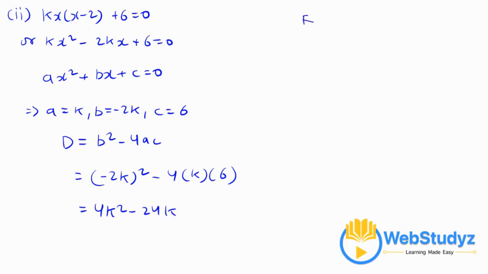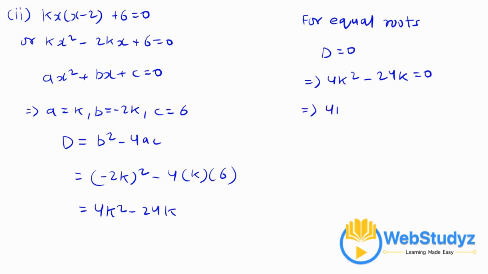As we know, for equal roots, the value of determinant should be equals to 0. That means 4k square minus 24k should be equals to 0. We can take 4k common.